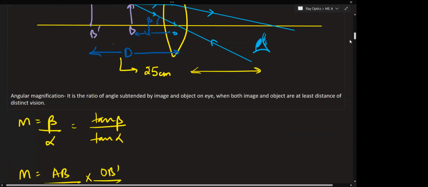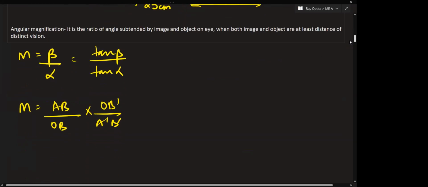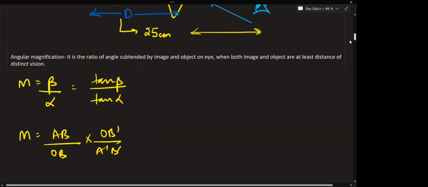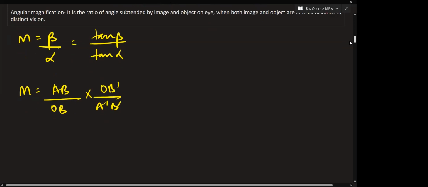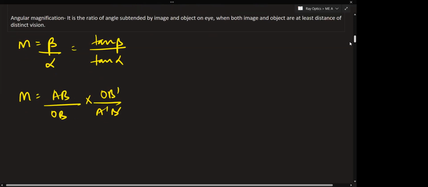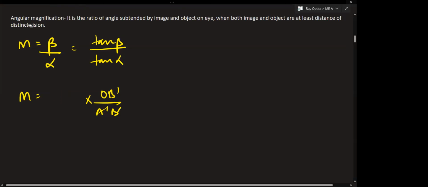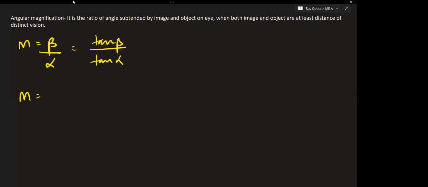And angular magnification is the ratio of this. So yes, now I hope this is clear, and the definition of angular magnification, let us complete with these steps. Now see what you were asking.